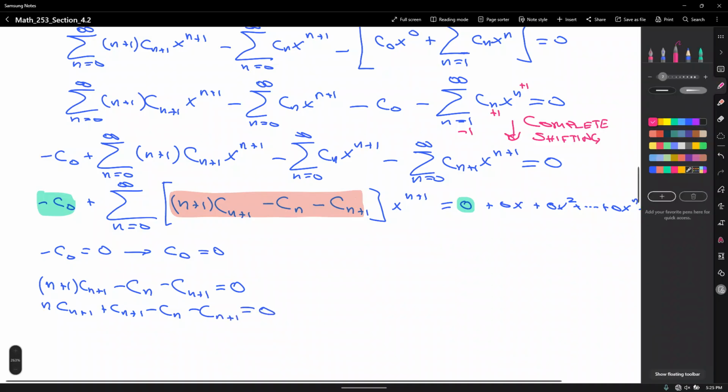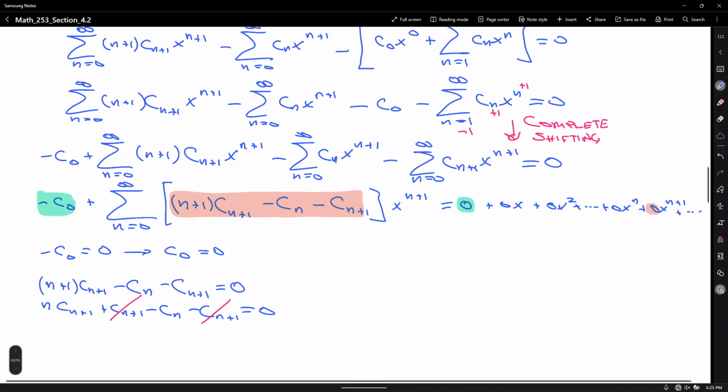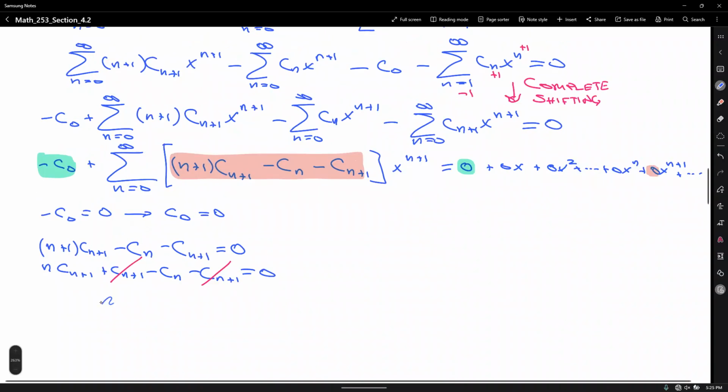And while I'm doing this, boom, boom, we're going to cancel a couple of terms in our recurrence relation. Okay? So that's going to leave us with the following: n c sub n plus 1 minus c sub n, let that be equal to 0.